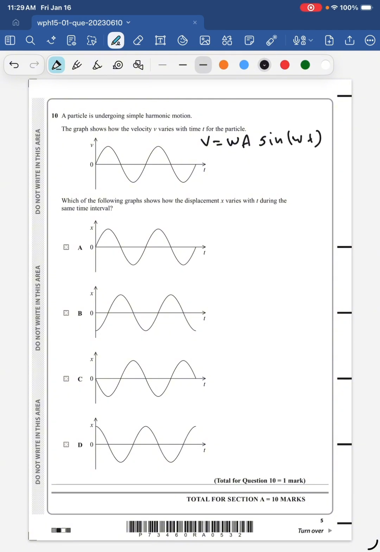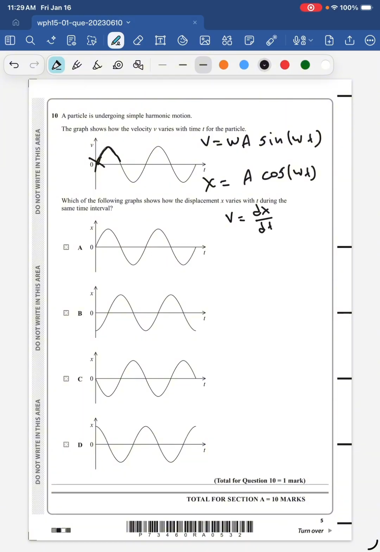How do we know this? Because at time 0, the particle is at 0 and then it speeds up. So what would x look like? So x is going to be A, we don't know the sign, we will actually in a moment, and it's definitely going to be a cosine function, right? But v is the first derivative of x with respect to time.